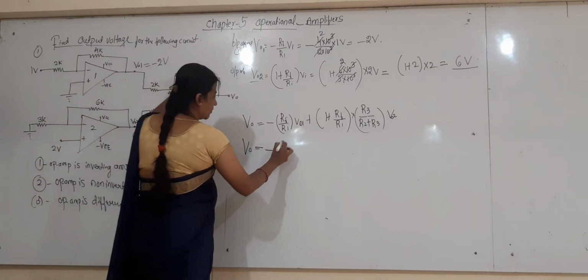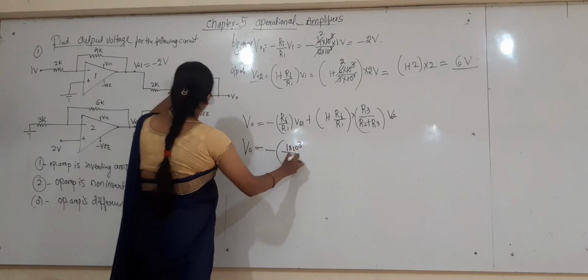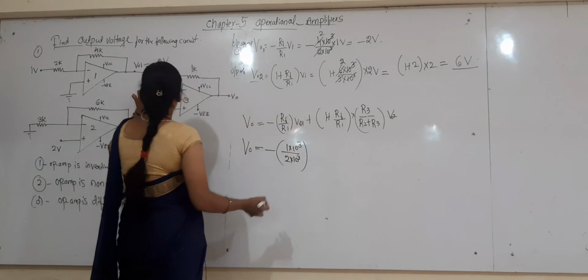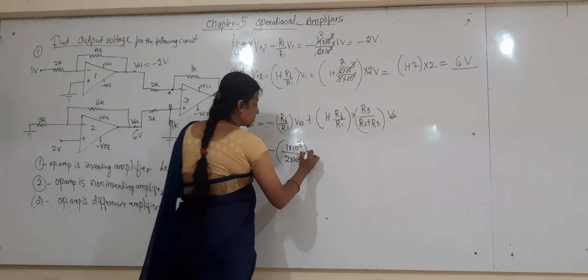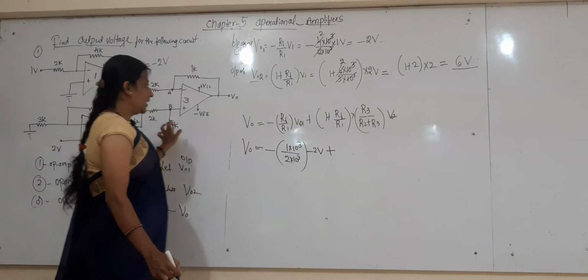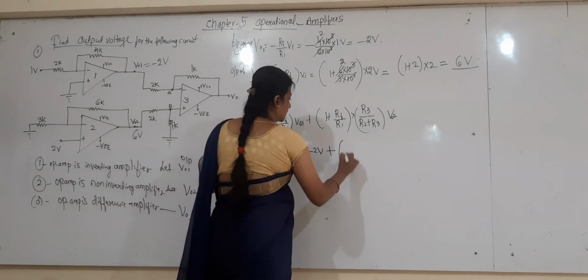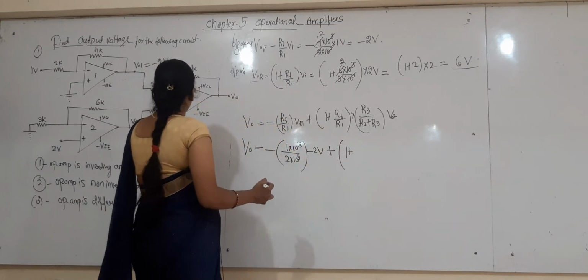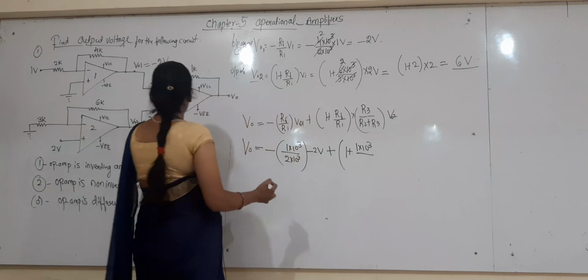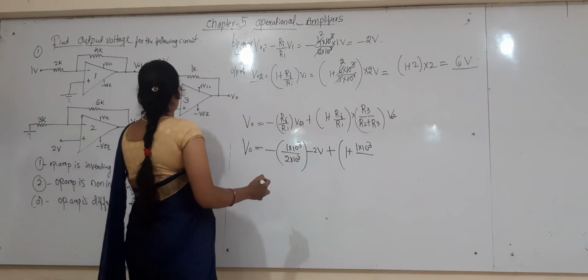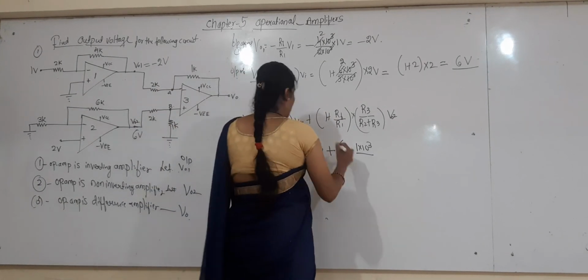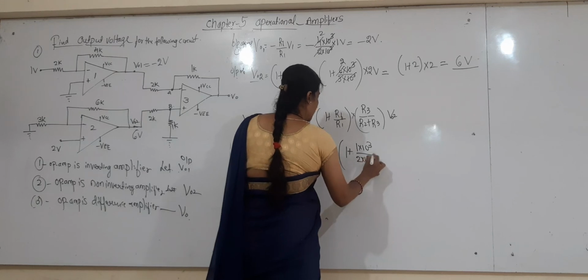So V0 is equal to minus 1 kilo divided by R1, which is 2 kilo, and V01 is minus 2 volt, plus 1 plus RF by R1, where RF is 1 kilo and R1 is the same 2 kilo.